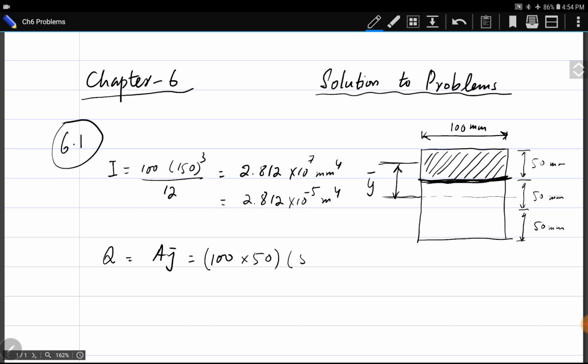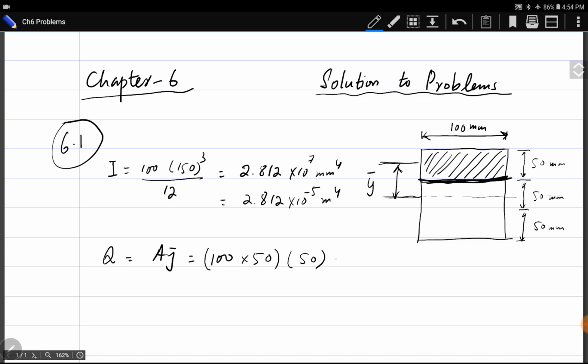So it will be 50 in this case. This will be 100 multiplied by 50 multiplied by 50.